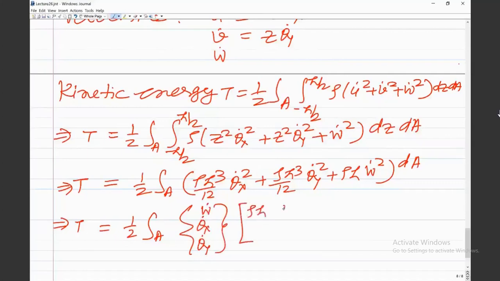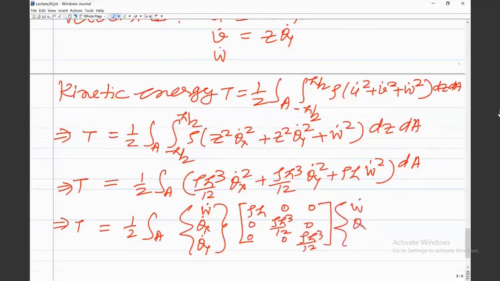So rho h corresponding to w, 0, rho h cube by 12 corresponding to theta x dot, and 0, 0, rho h cube by 12 corresponding to theta y dot, into w dot, theta x dot, theta y dot, dA.